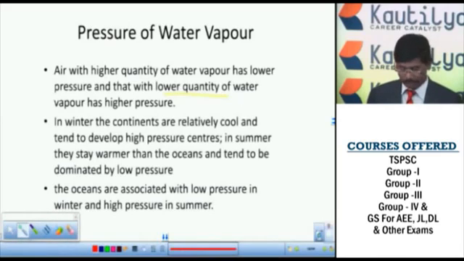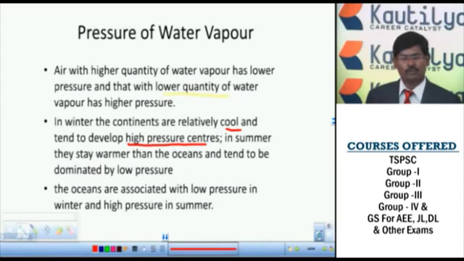Again, in the winter, the continents are relatively cool and tend to develop high pressure centers. Generally, if you observe an ice cube, we know the temperature is very low, and high pressure will be there.